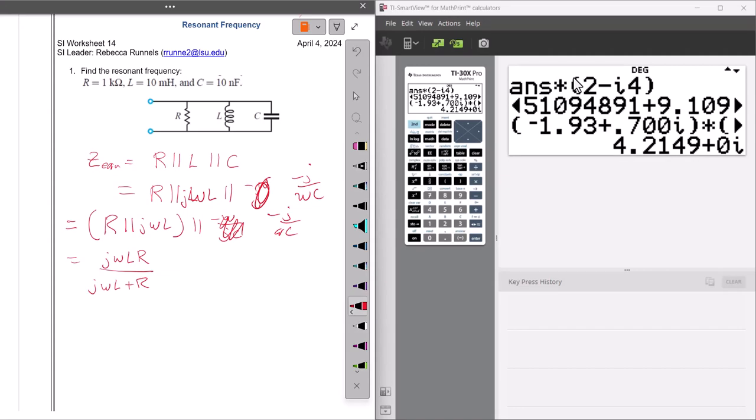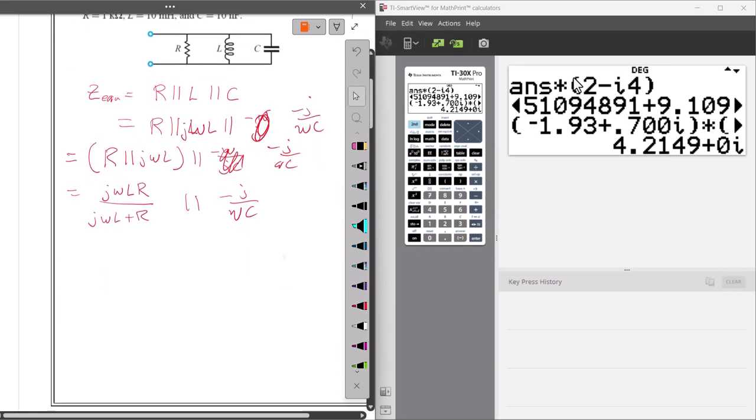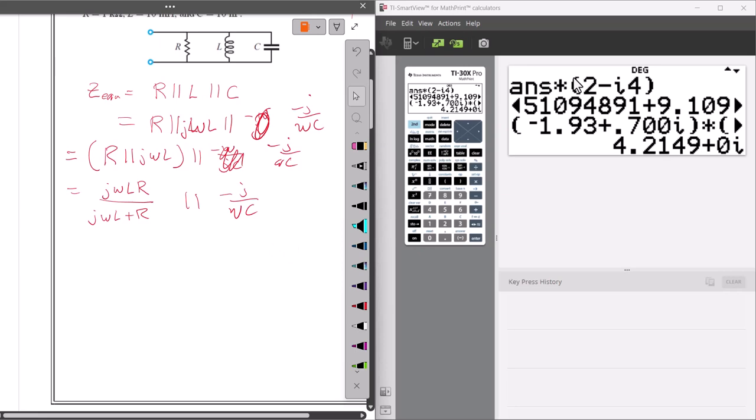You would want to have all of the imaginary stuff in the numerator in order to set it equal to 0. And so eventually we are going to have to rationalize it.